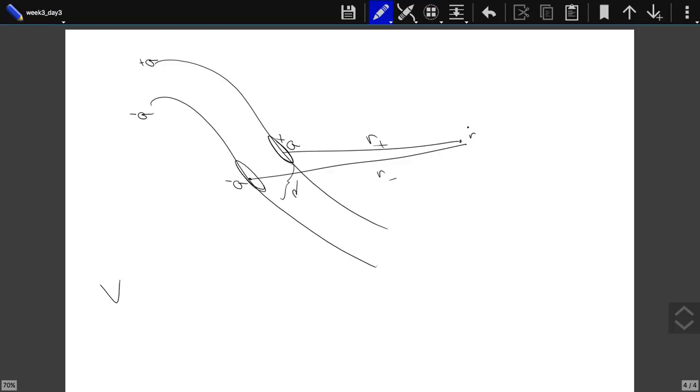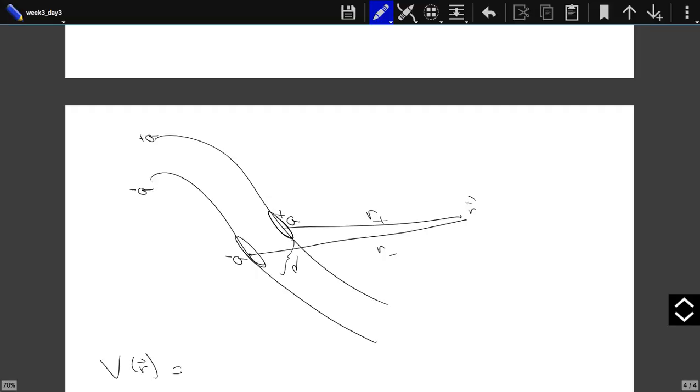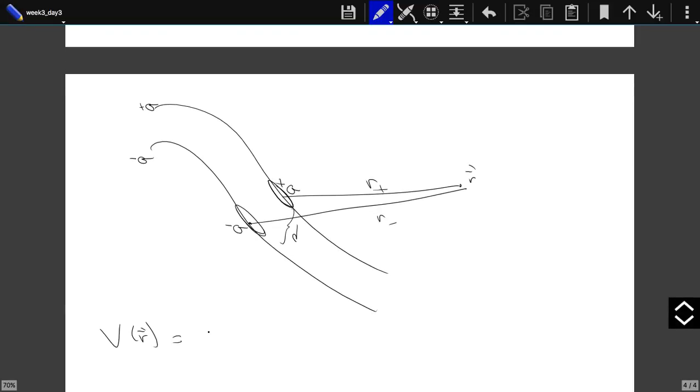So the potential at the point R due to this dipole, these small area elements only, will be sigma times dA, dA being a very small area element on the surface, over R plus, minus sigma times dA, dA being the total charge, divided by R minus.